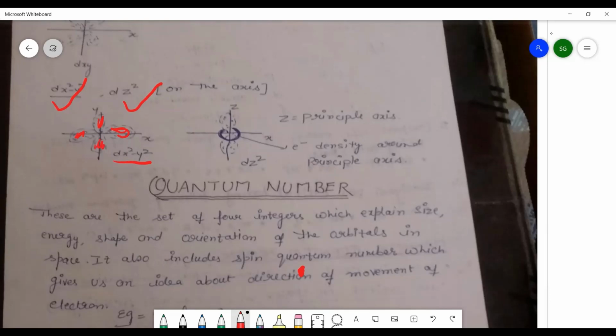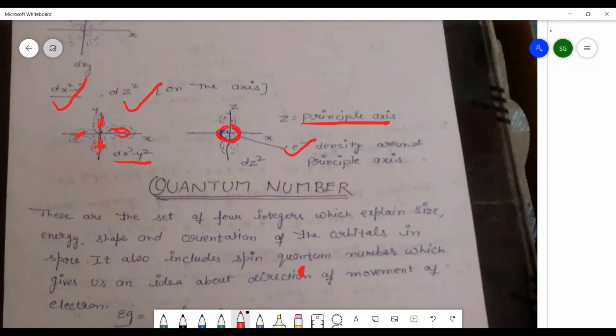Since it has the dumbbell shape, we can say it is a double dumbbell shape, the one dumbbell and the two dumbbell shape. In the dz square orbital, we take z as the principal axis. As it shows the dumbbell shape, one dumbbell will be concentrated in this circle.